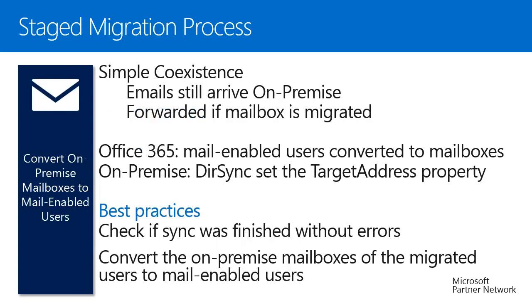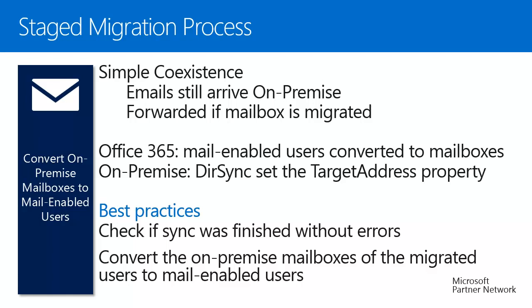What is interesting here is that we don't have this incremental synchronization process. However, we don't need it, because when this simple coexistence is set up, all the emails still arrive on the on-premise server, because the MX record is still pointing to the on-premise server.